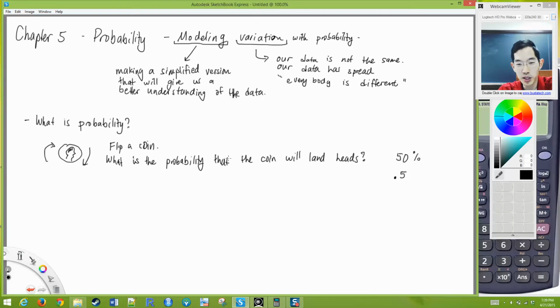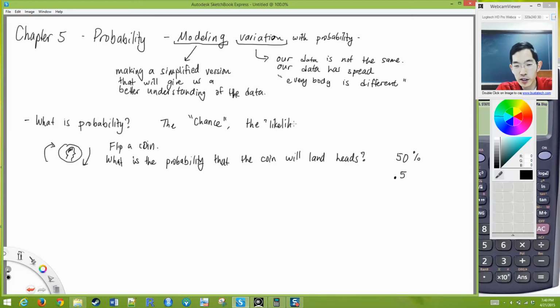Okay, what does it mean to say that the probability that the coin lands heads is 0.5 or that the probability is 50%, okay? If I ask this question, I almost always hear the same answers, in that we're talking about the chance, okay? So we have synonyms for the word probability, such as the chance that the coin will land heads or the likelihood.